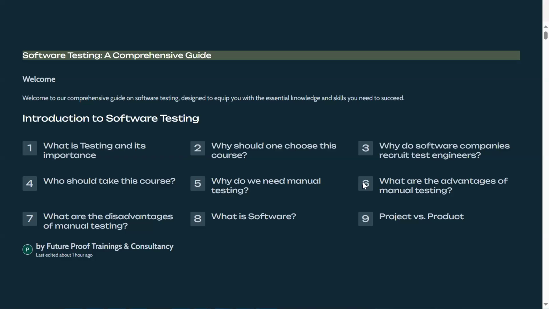How does the application develop? It's a collection of data. Basically, software is a collection of interconnected programs and data that performs a specific task or function.